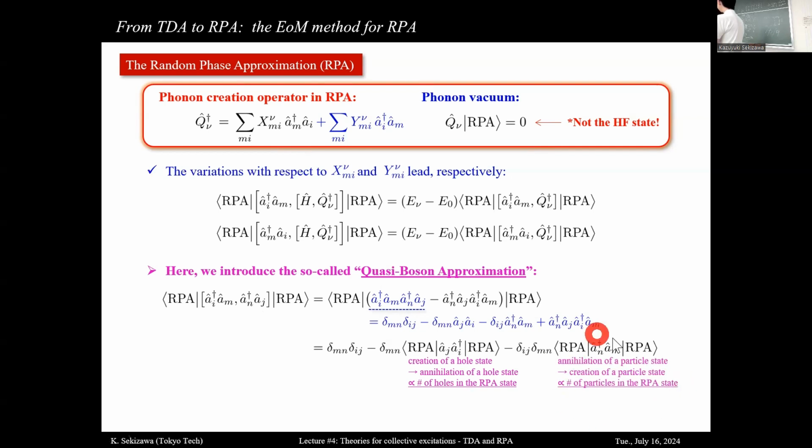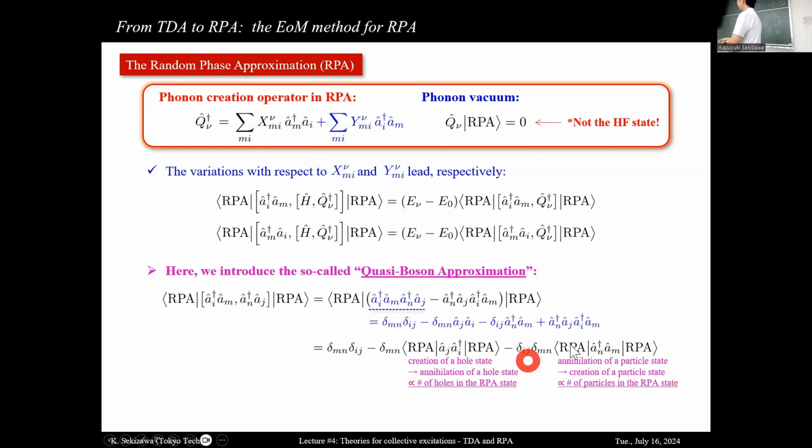And this is similar. This is the annihilation of a particle state and the creation of a particle state, so it is the annihilation of an already occupied particle state and creation of some other particle state.